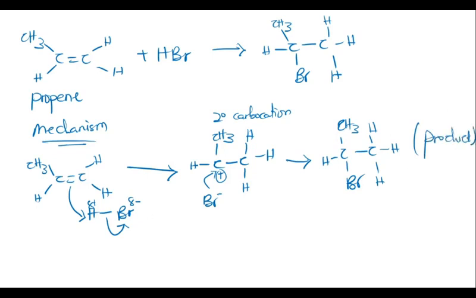But if the hydrogen were to be attached to this carbon, let me use red to indicate that reaction just for demonstration sake. So this is not possible. It means it's not going to happen, but let's just do it for demonstration sake.